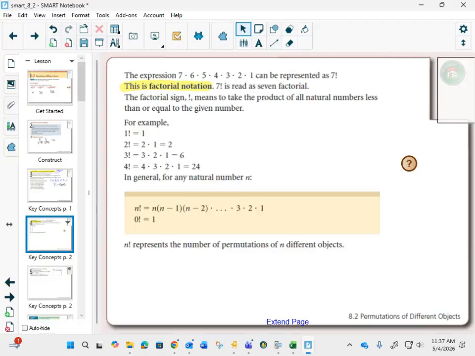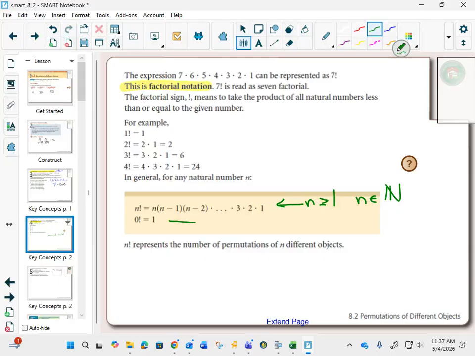Then you'd subtract another one, and you would keep going until you got to 3 times 2 times 1. For us, this part only makes sense if n is bigger than or equal to 1, and n has to belong to the natural numbers. We're only going to do whole numbers, because you can't go down by 1 and end at 1 if you started at anything else.